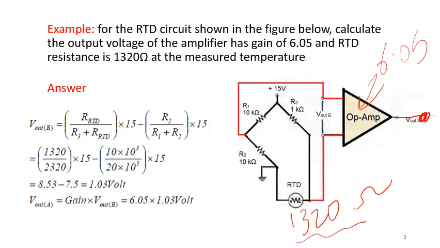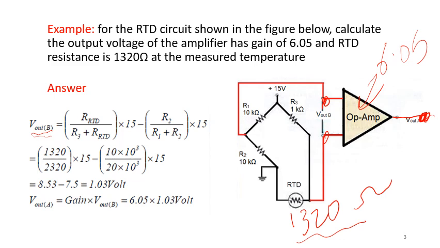If you notice, this question is very similar to the previous question, except we are going to use an amplifier here to amplify the signal on the output. So we can say here that V out is equal to V out B. V out B means between this point and this point. If you want to calculate it in one shot, it's fine.